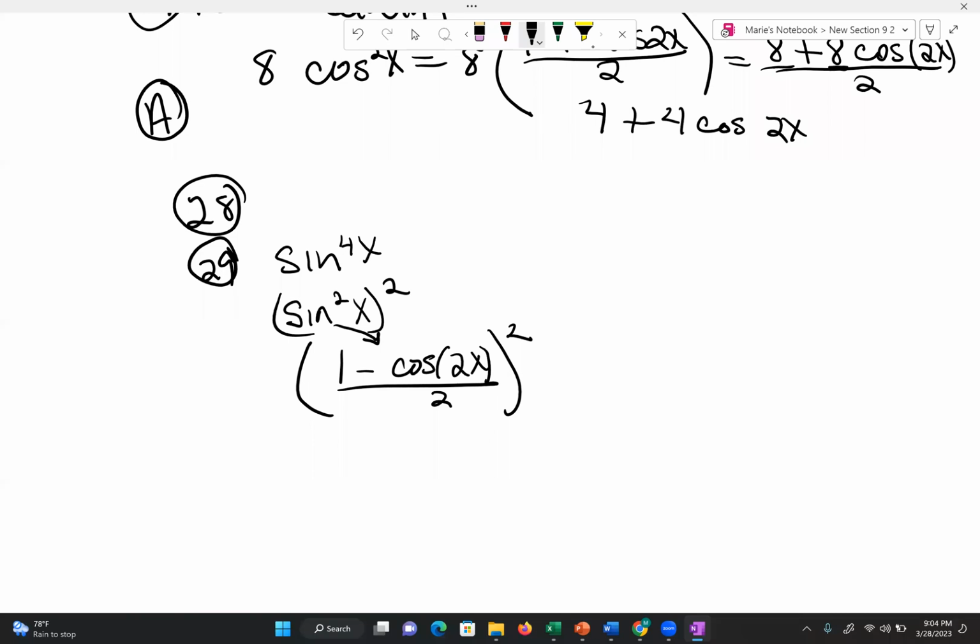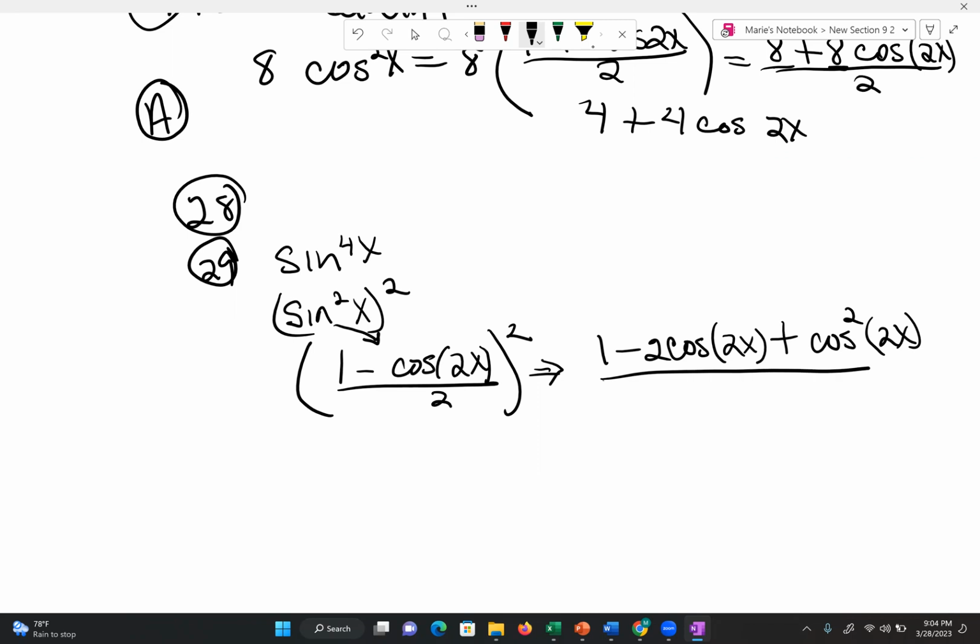When you FOIL this, you're going to get 1 minus 2 cosine of that angle 2x plus cosine squared of the angle 2x. And all of this is over 4, because we're basically FOILing at the top and we're squaring the bottom.